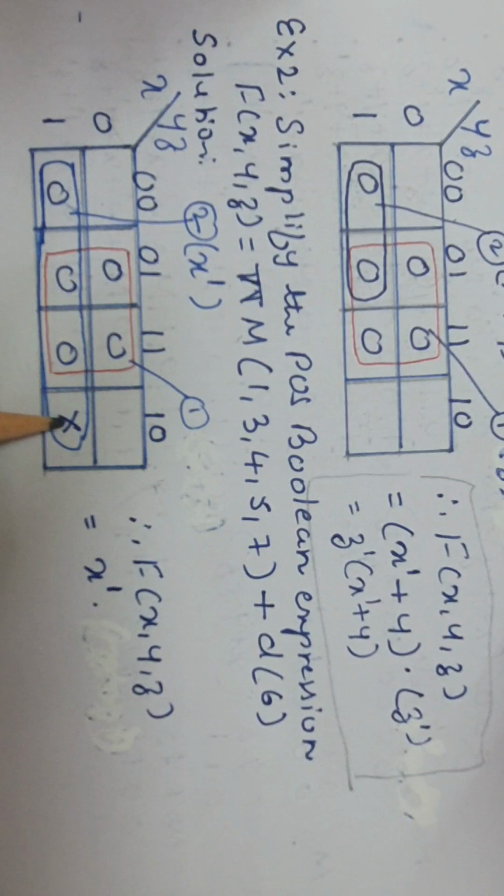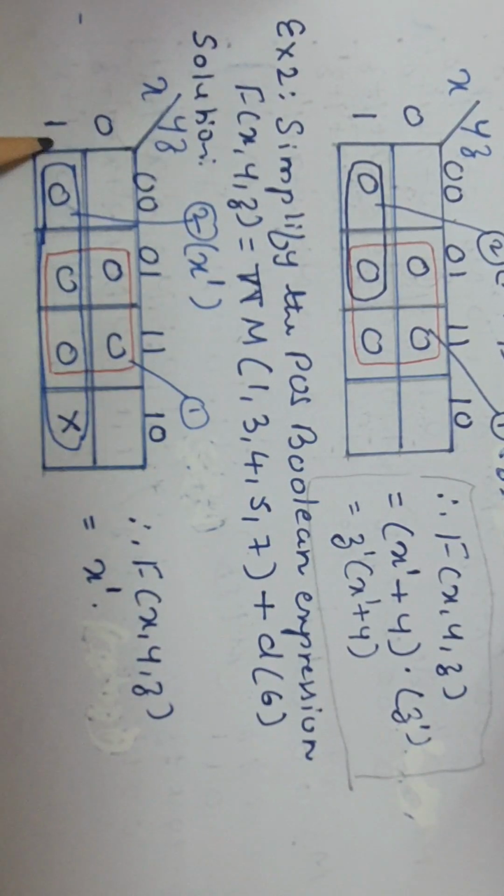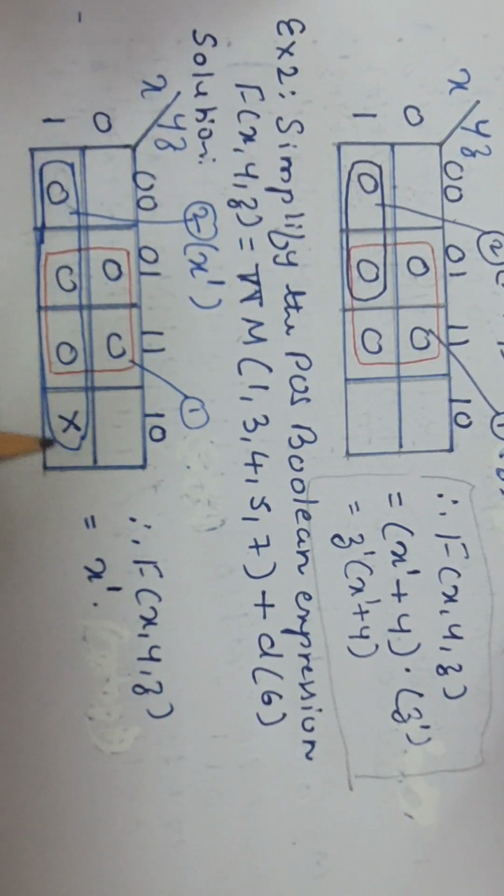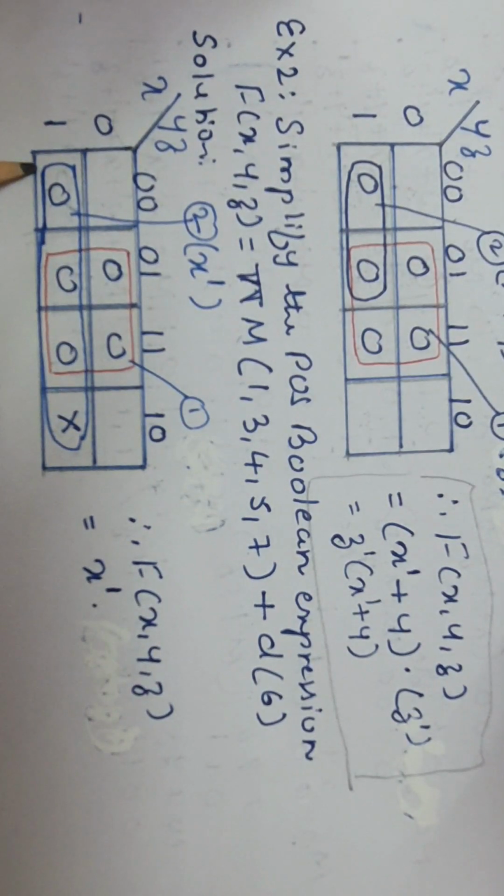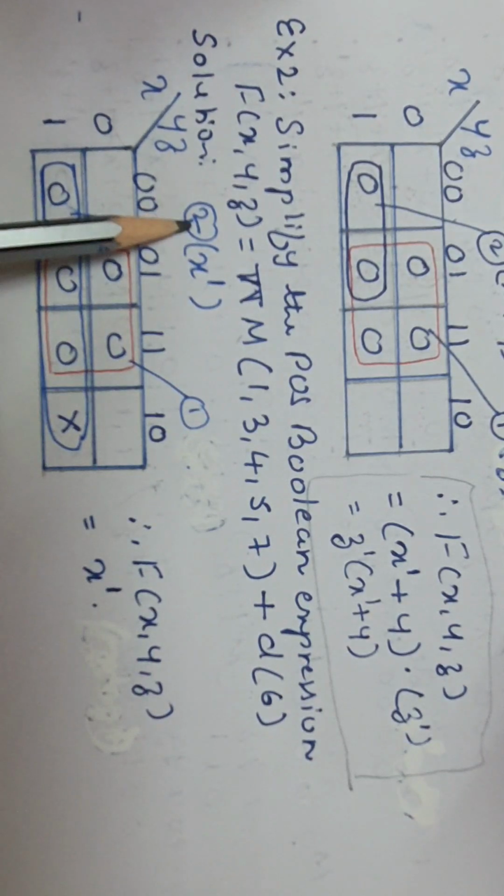So this is treated as 0. If this is treated as 0, this 1, 2, 3, 4 form one group. Why? On this line, if you take a fold, these two fall on these two. Next, again on this line, if you take a fold, all come in one square. So this forms a group of 4 members. It's a quad, that is the second group.